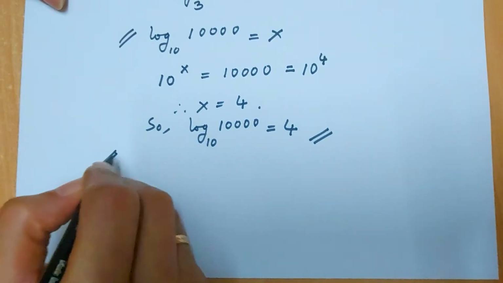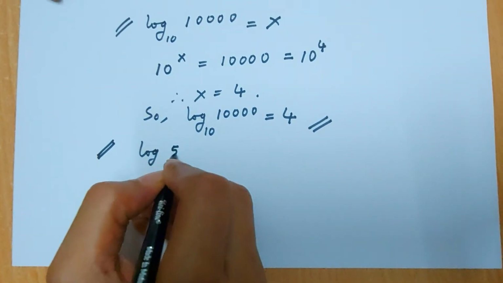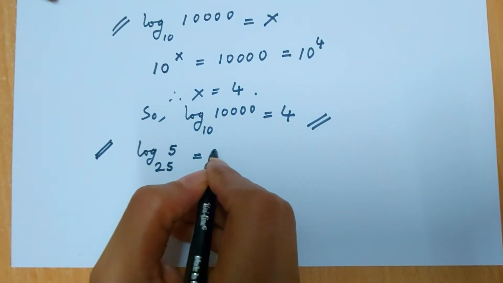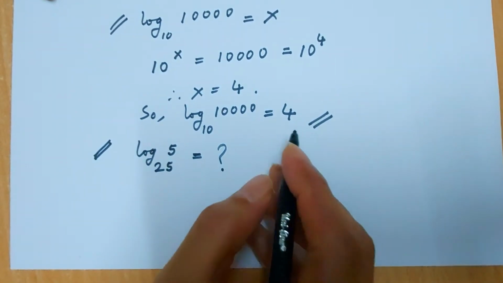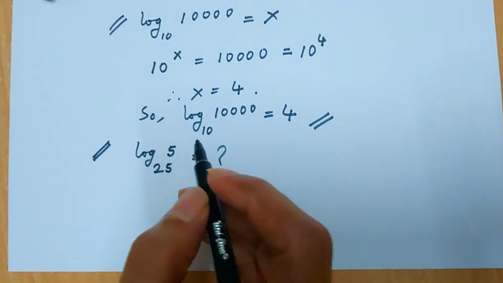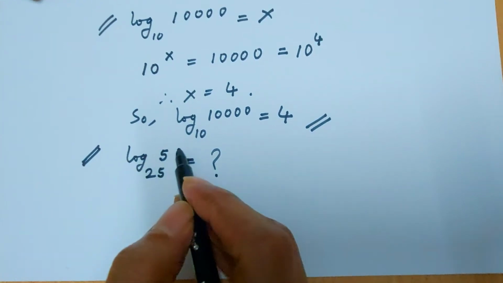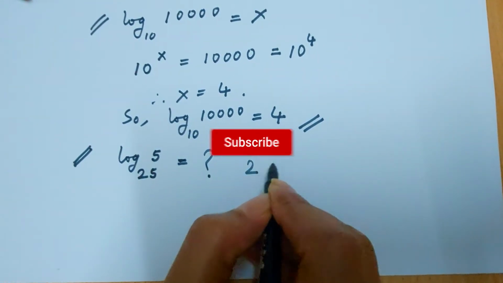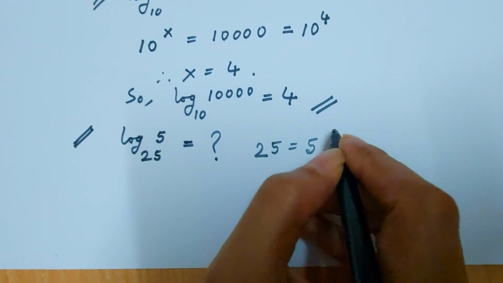I am doing another one for you. Say log of 5 to the base 25 equal to what? Here the base is greater than the number, so we should go for the root. See, 25 equal to 5 square.